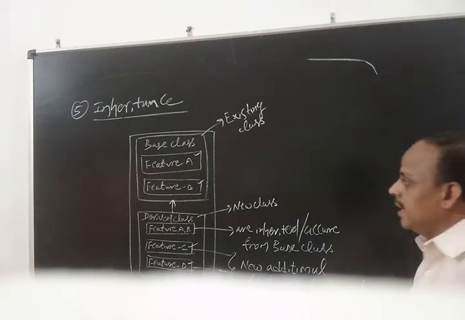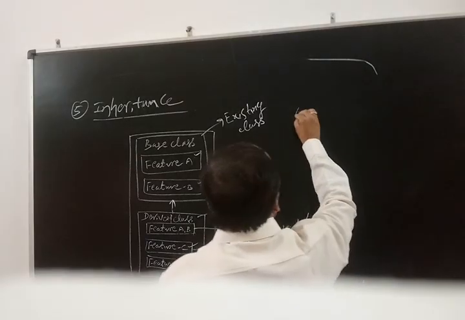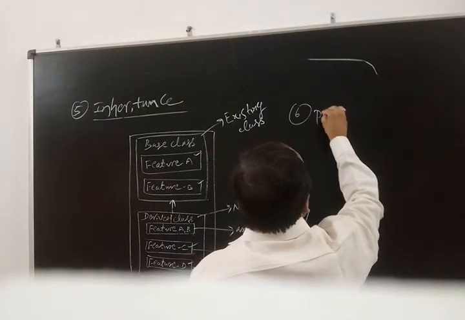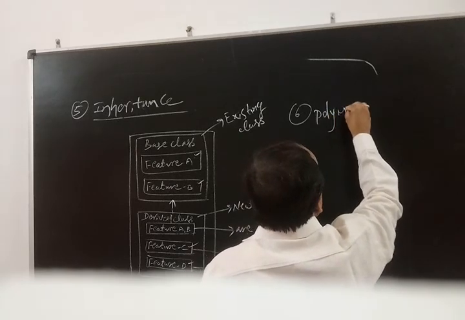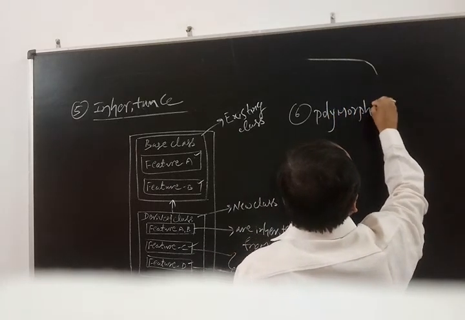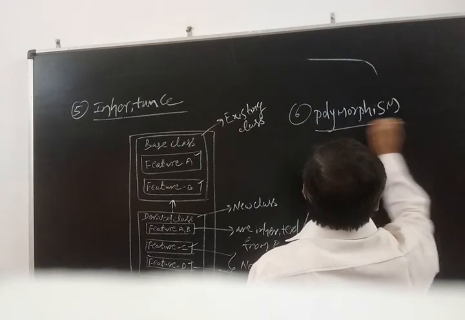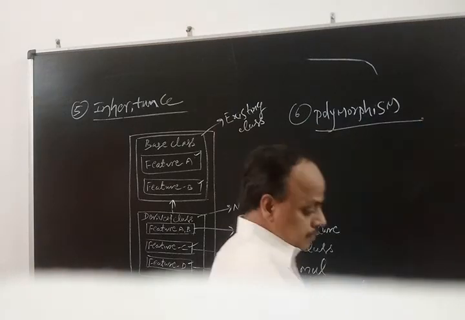And the next thing is the sixth one, polymorphism.